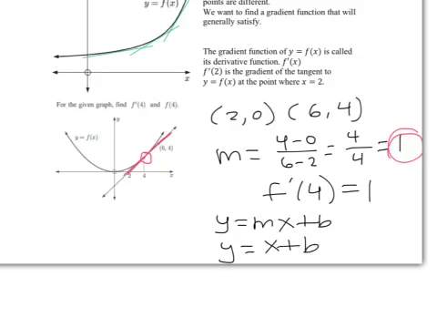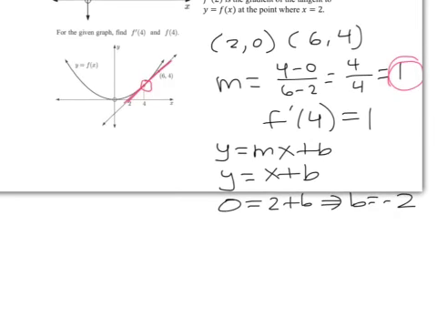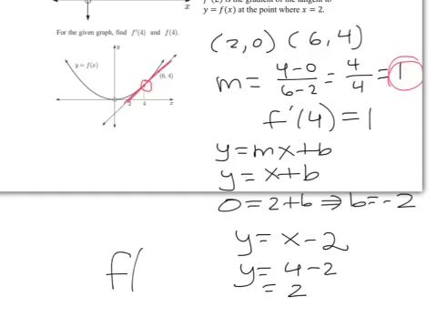I'm just going to pick an easy one and say 0 is equal to 2 plus b, and therefore my b has to be -2. So the equation of the line is y is equal to x minus 2. When x is 4, I have 4 minus 2, which is 2. So that 2 is f of 4.